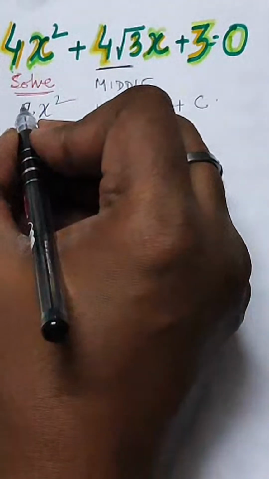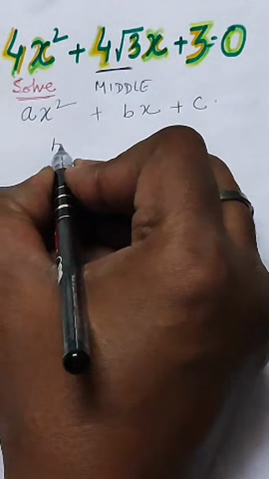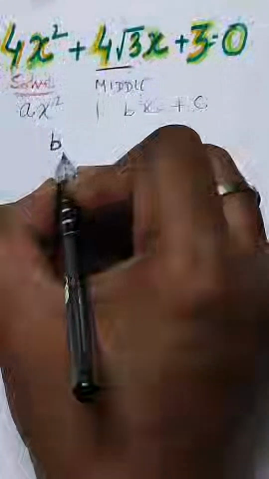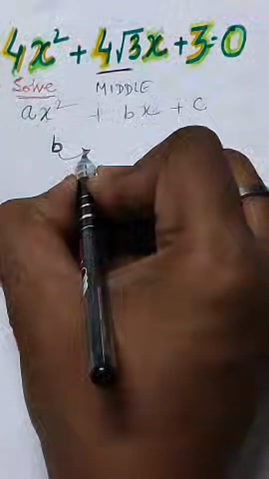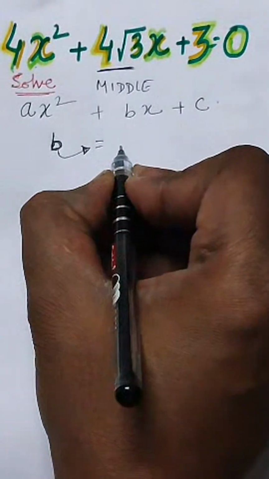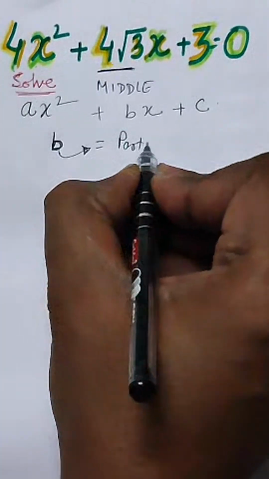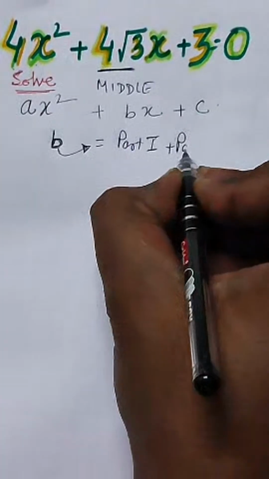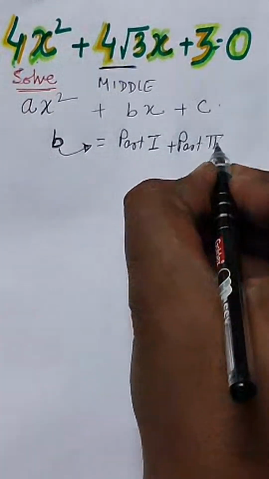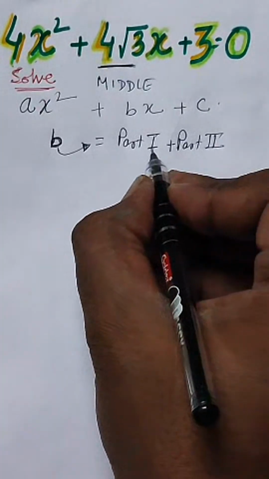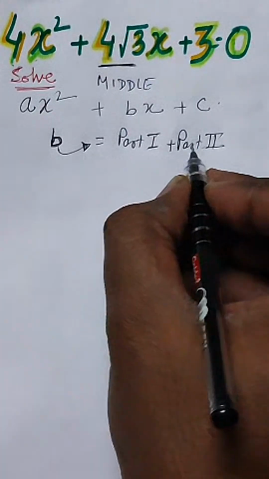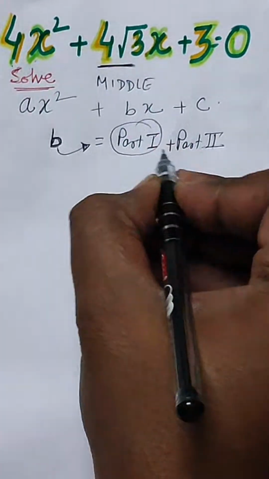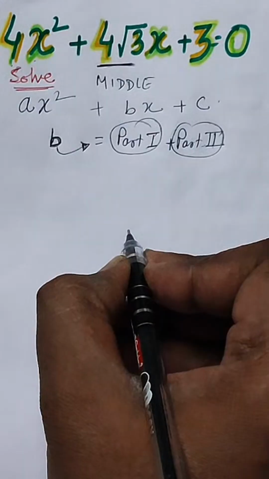Then when we are going to split the middle term, b should be splitted into two parts, right? One is part 1 and another is part 2.